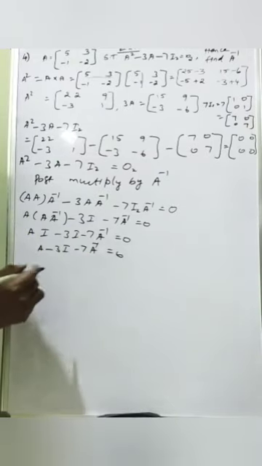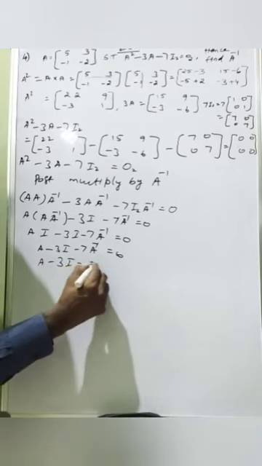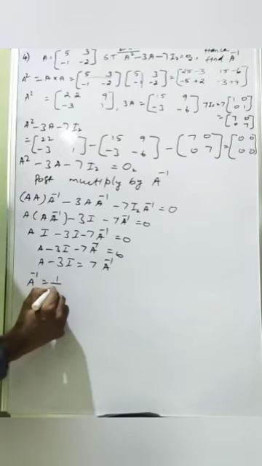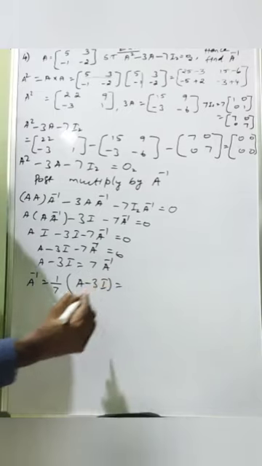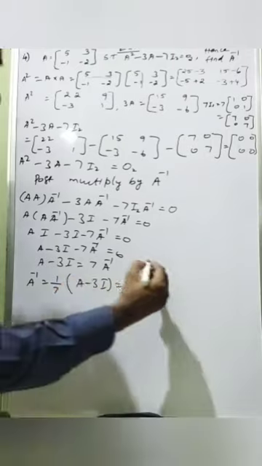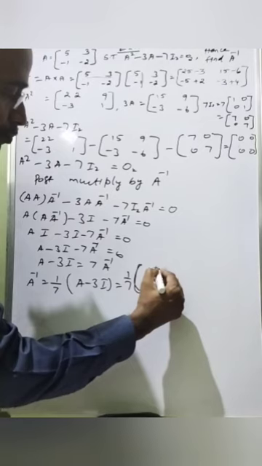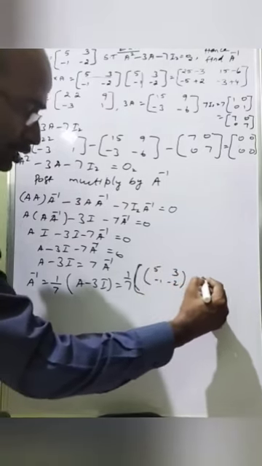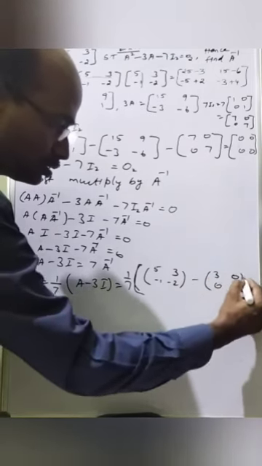Now we have to find A inverse. So A minus 3I equal to 7 A inverse. So we get A inverse equal to 1 by 7 into (A minus 3I). So now 1 by 7, A value you already know: 5, 3, minus 1, minus 2, minus 3 into I, so 3, 0, 0, 3.